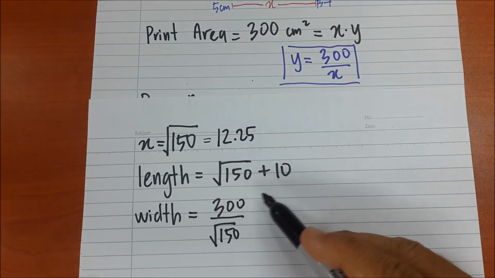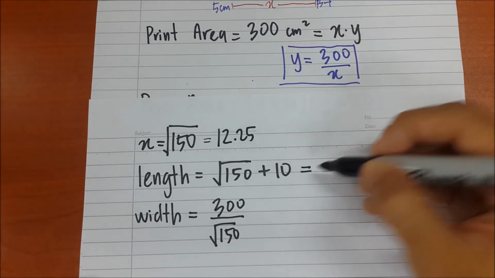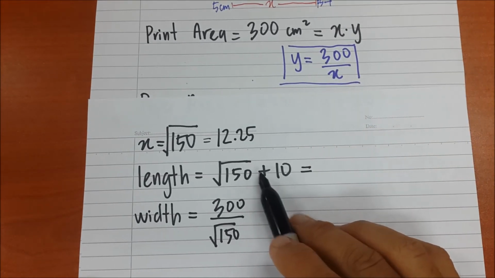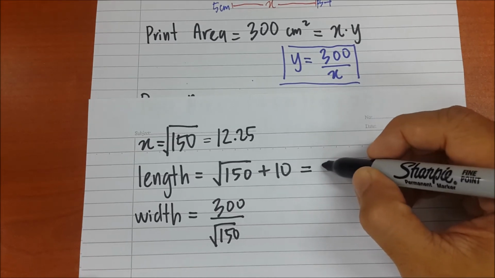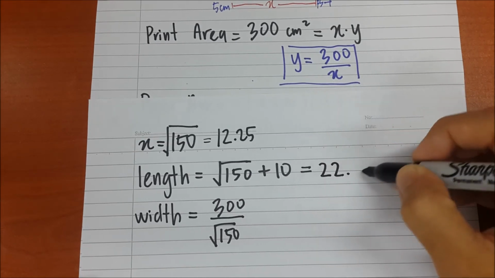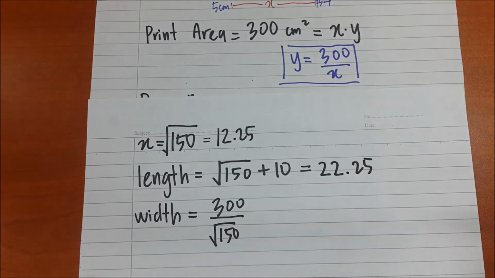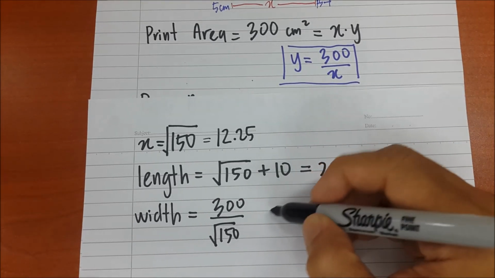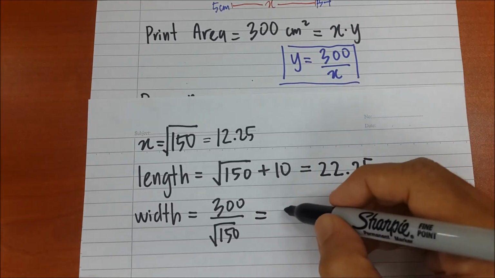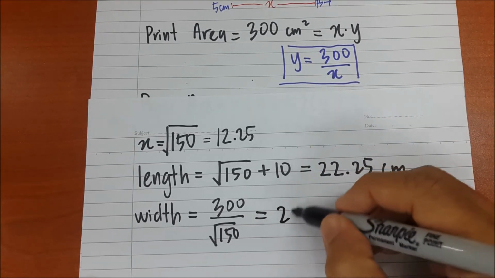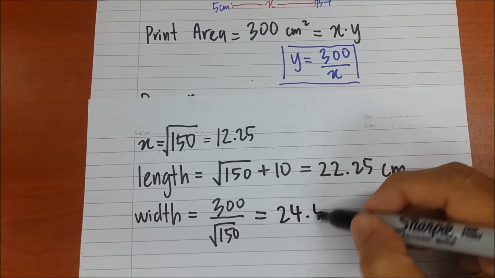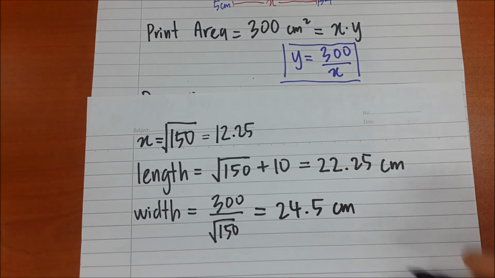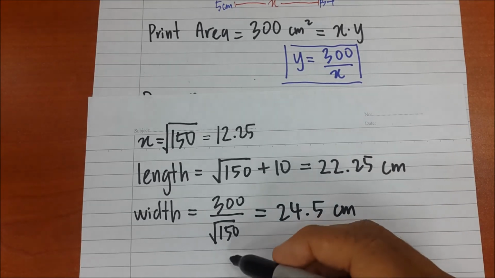So adding 10 to it gives you 22.25 centimeter, and the width gives you 24.5 centimeter. Right, so that will be our dimensions.